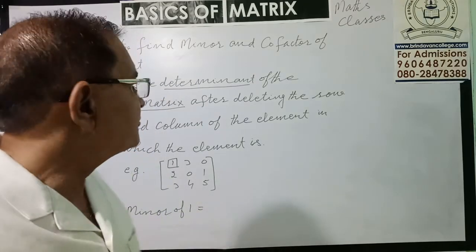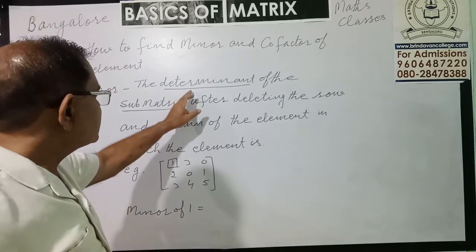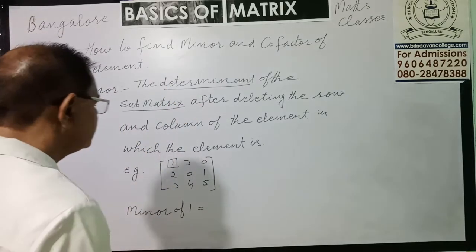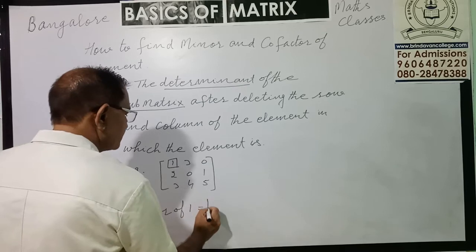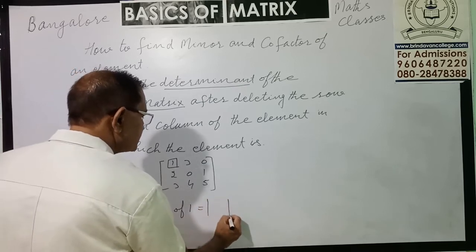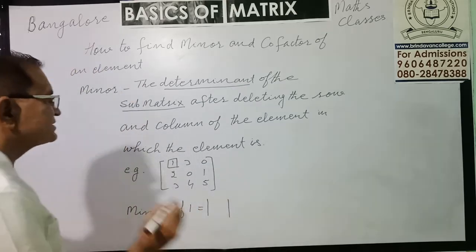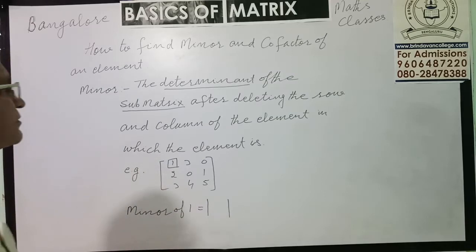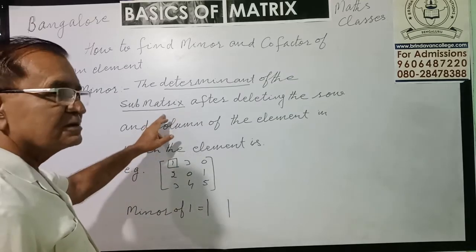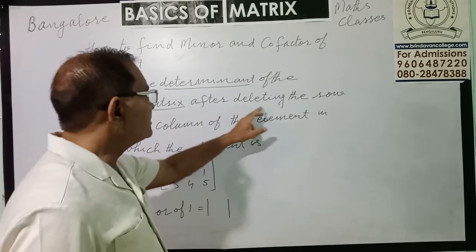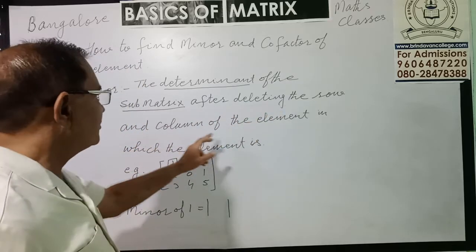See it carefully. First we want the determinant. It means it is the determinant of the submatrix after deleting the row and column of the element.